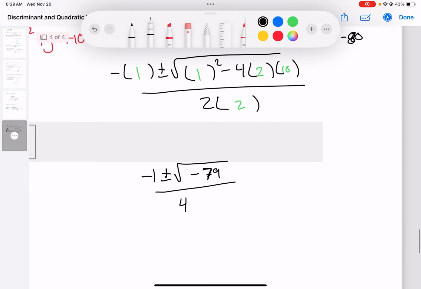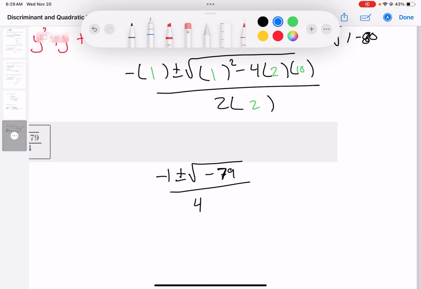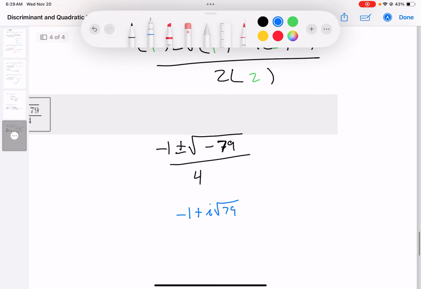Now, the way that it wants this answer is I need to pull out the imaginary numbers. So I got negative 1 plus i root 79. The square root of negative 1 is i, over 4.